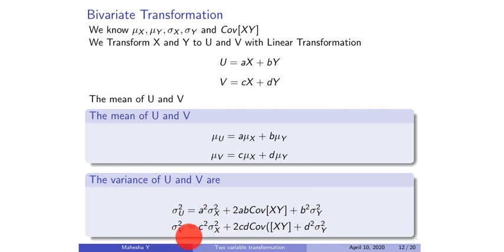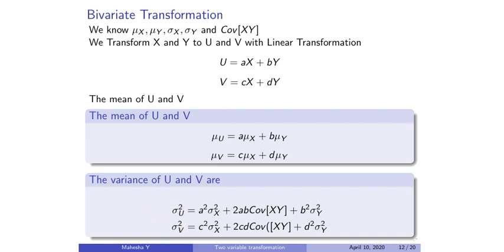In the same manner, sigma v square is equal to, instead of a we have c square sigma x square plus, instead of 2ab we have 2cd covariance of xy plus, instead of b it is d, so d square sigma y square. So this is the summary chart from where we have transformed the mean and transformed the variance.